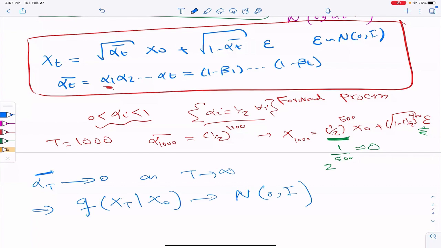At step 1,000, it doesn't really matter what your original distribution was. You could have had realistic images, you could have had whatever inputs. Really doesn't matter. You're just adding noise to it. At step 1,000, you are going to always get, roughly speaking, a normal distribution.